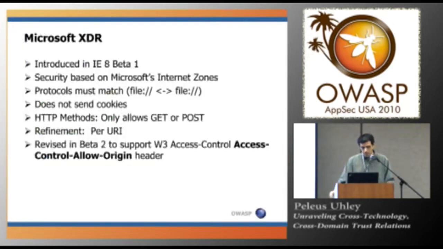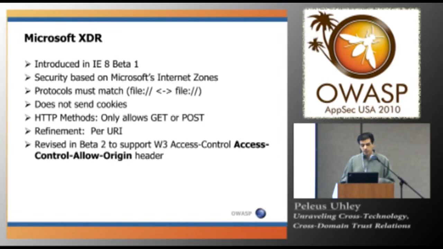So they introduced it in IE 8 beta 1. They integrated it into the internet zones philosophy that they use for most web content. The protocols must match. One of the things that differs in their model is they don't send cookies. There's a matter of debate between the people who do cross-domain models about whether or not you should send cookies with a cross-domain request.